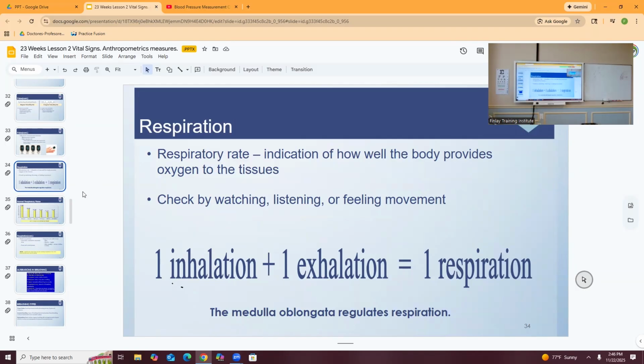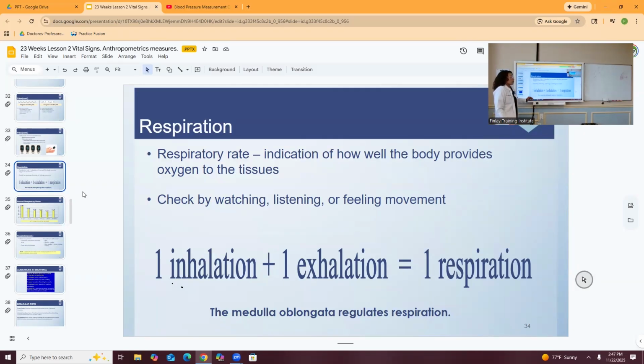So the respiration is regulated by the nervous system, okay? And the part of the brain that is regulating this is the medulla oblongata, okay? This is what regulates the respirations.